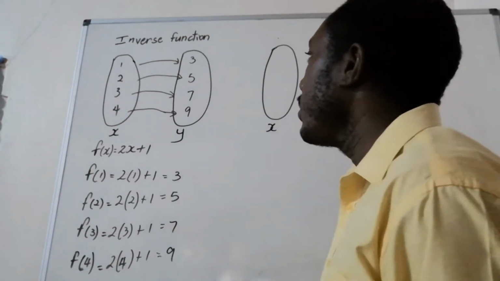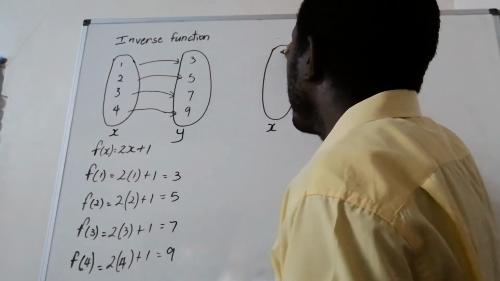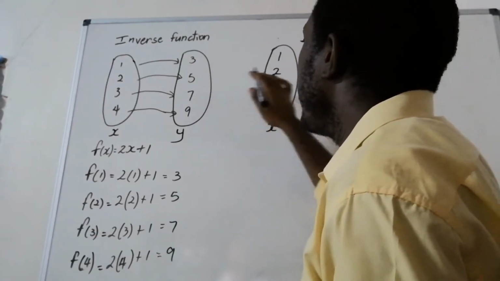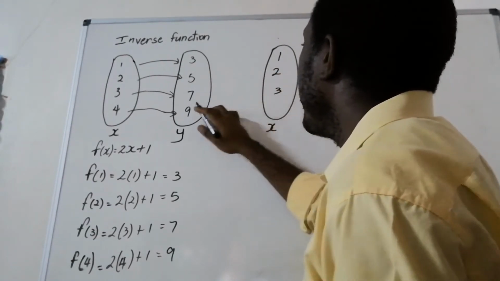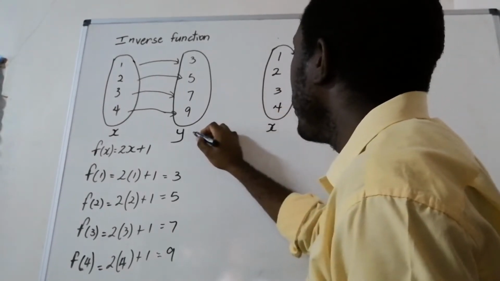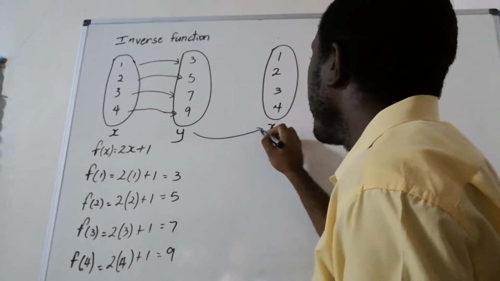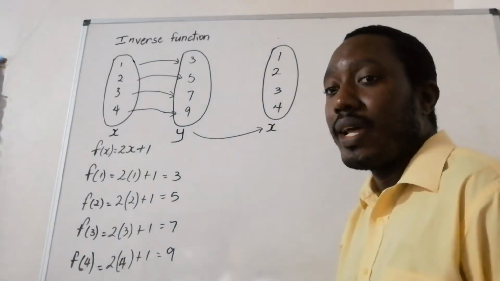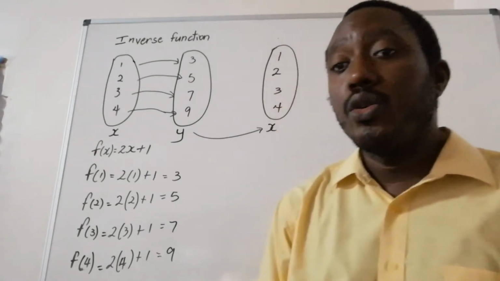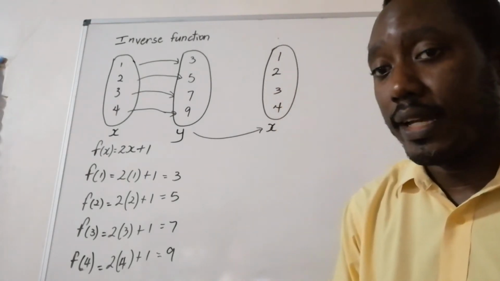So we want a function that will map 3 back to 1, 5 back to 2, 7 back to 3, and 9 back to 4. What is the function that maps y back to x? And that is our inverse. So how do we find that?